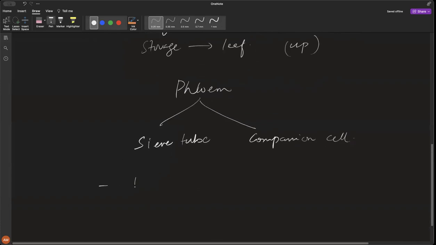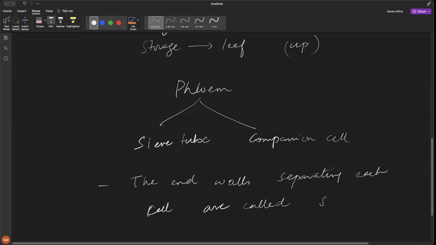The end walls separating each cell are called sieve plates.